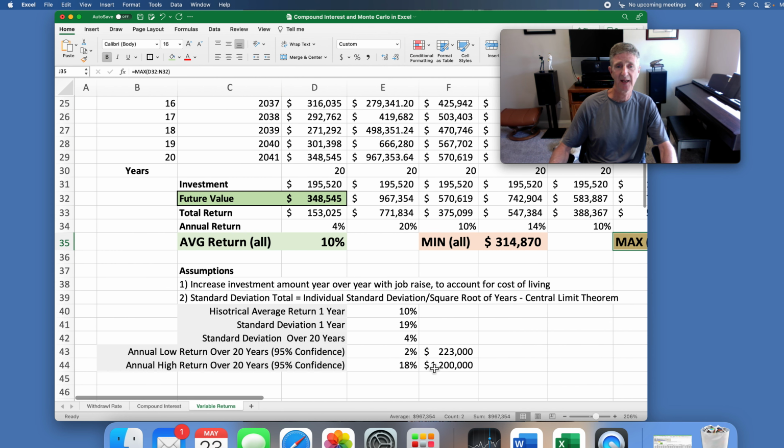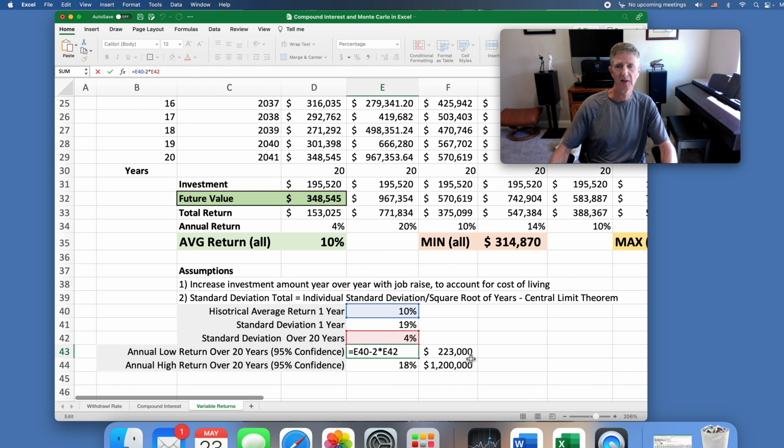I can say, without the expensive software, 2 times the standard deviation of 4, the number 2, from the average of 10 will give me the low value, 223. Okay, in this case of 11 scenarios, I got 314.